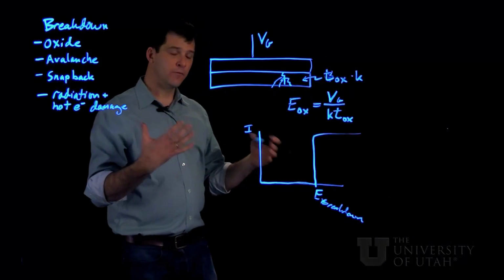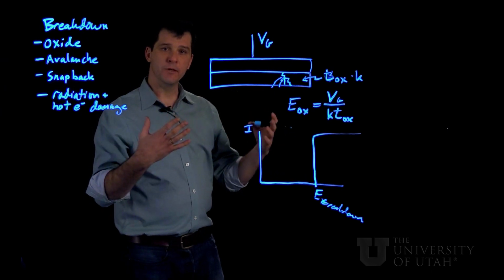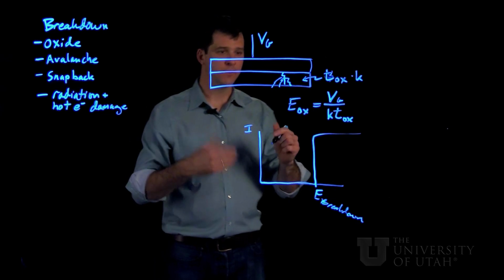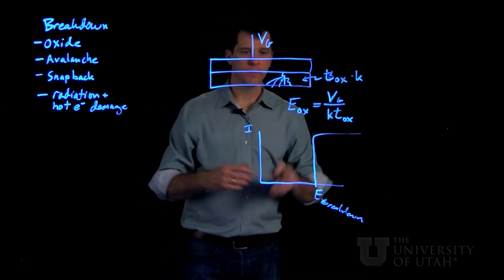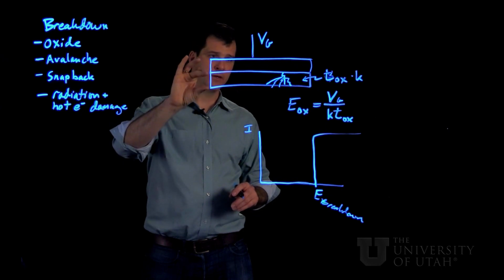It can also result in physical damage to the oxide so that it doesn't work in the future. So physical permanent damage can be made to the device if too much gate voltage is applied over too thin an oxide.